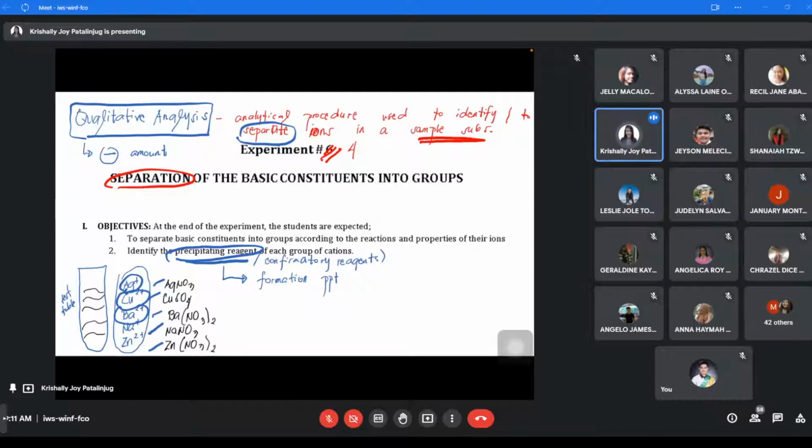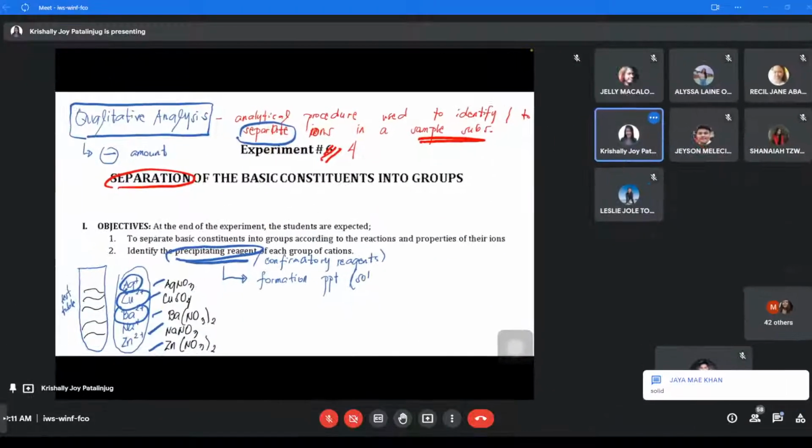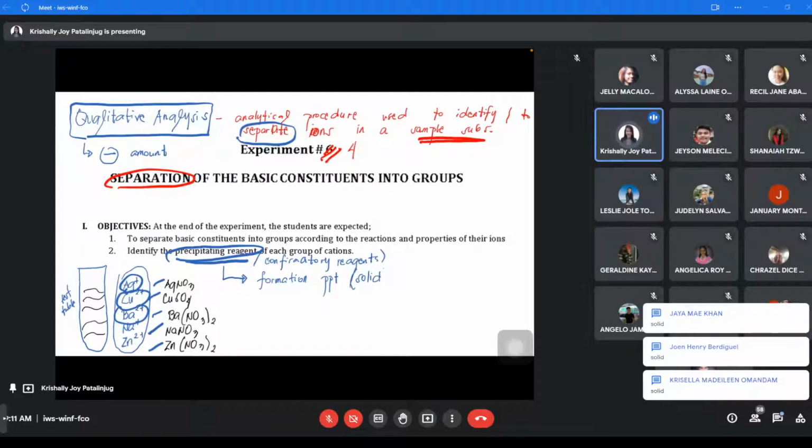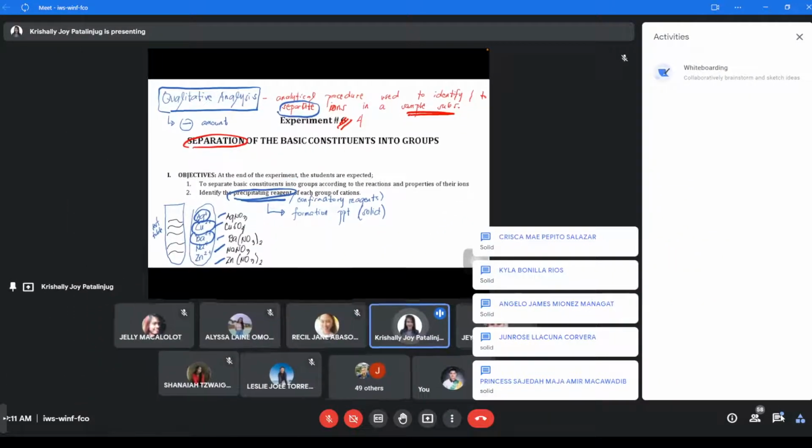Let me ask you, what is the state of matter of a precipitate? Is it a solid, liquid, or gas? Kapag precipitate, it is very good. It is a solid form. Okay. So when there is a solid form in a solution, you have formed a precipitate, does it mean it is soluble in that solution or insoluble?